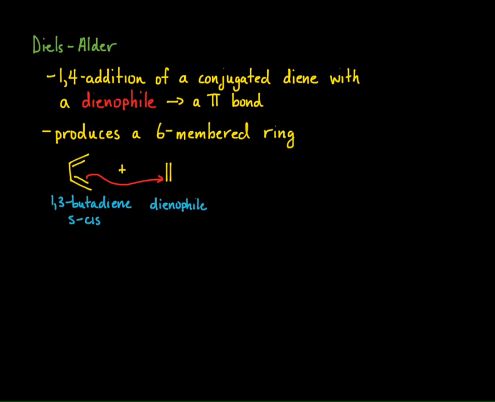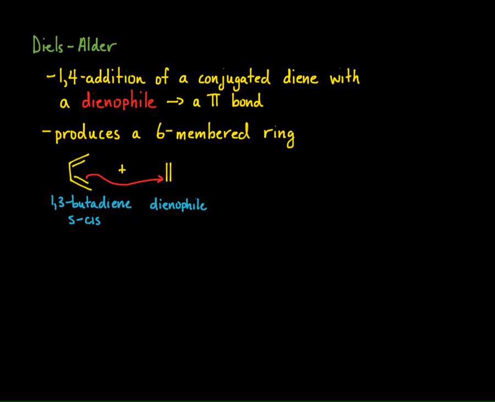And what happens is we get an addition reaction. One of the pi bonds from the 1,2 carbon reacts with the alkene. So in this instance, the conjugated diene is behaving like a nucleophile, like we saw with the other addition reactions, and the alkene is behaving like an electrophile.